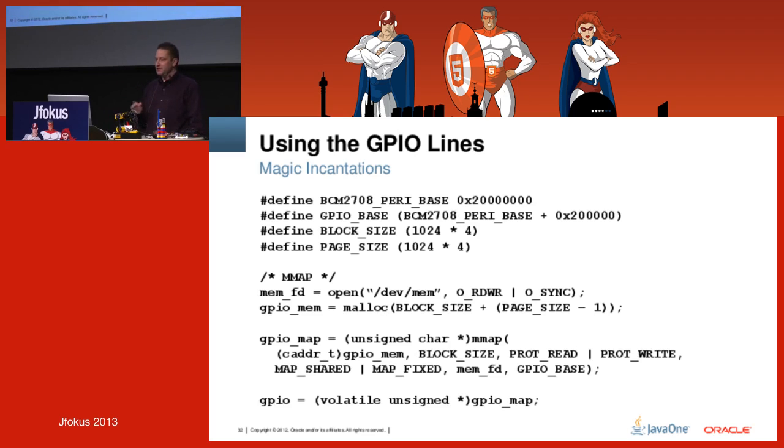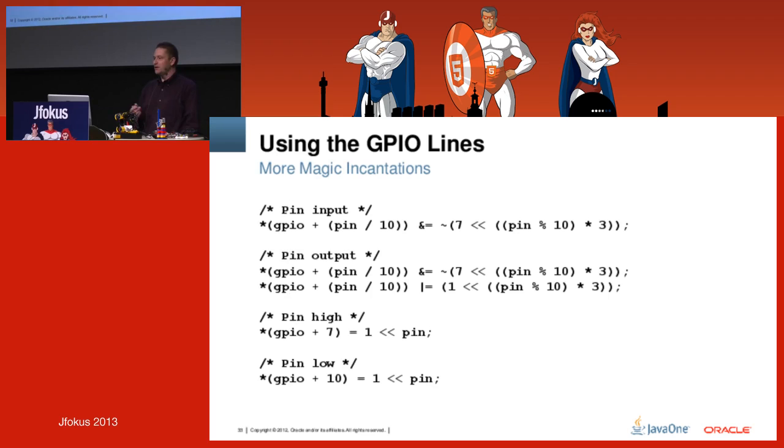I won't go through the details of this, but it basically maps in some memory in your address space and then makes that available. Through some fairly nasty-looking bit twiddling, you can turn the pins on. You can set them to be either an input or an output. In the case of an output, you have to set it to be an input first and then tell it to be an output. And then you can set the pin to be high or low.